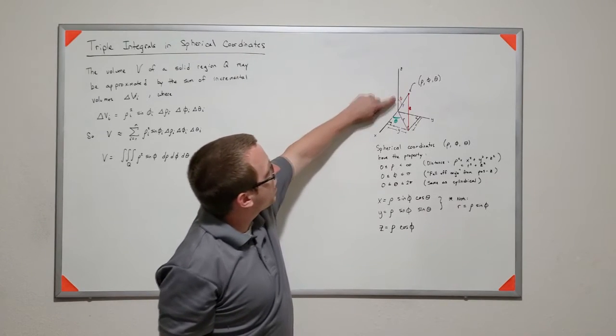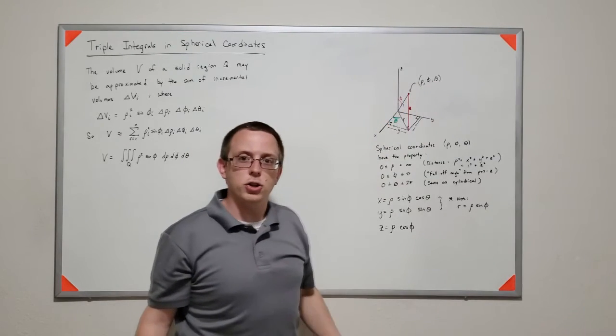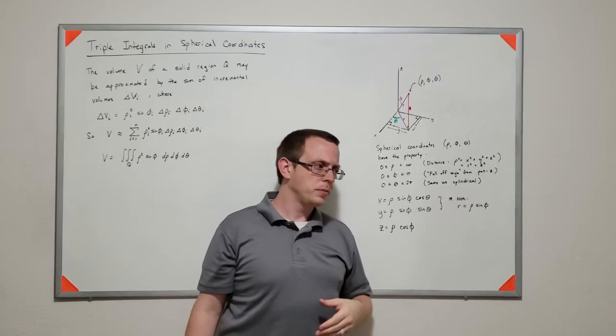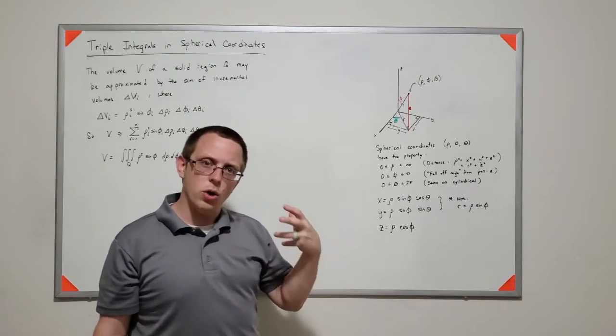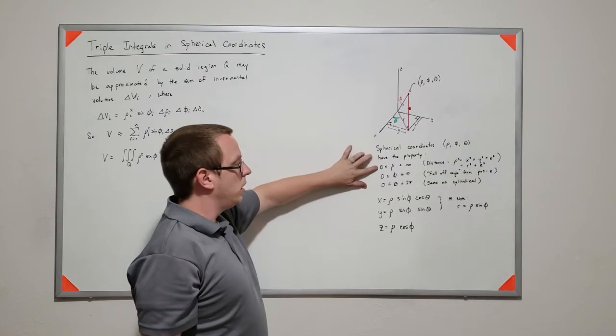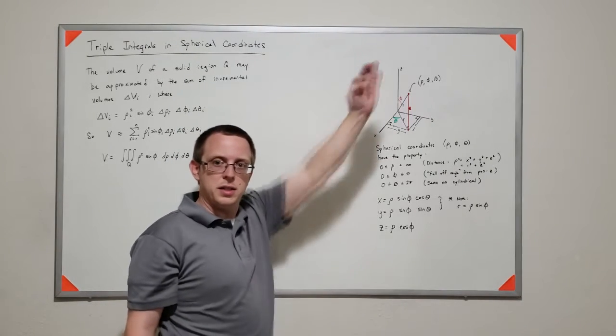And so you have this phi, you have this theta, and so you have rho, phi, and theta as your coordinates. So instead of x, y, z, or instead of r, theta, z, you have rho, phi, theta. And so you have these properties. In this particular case, rho is never negative because it's the distance to a point.